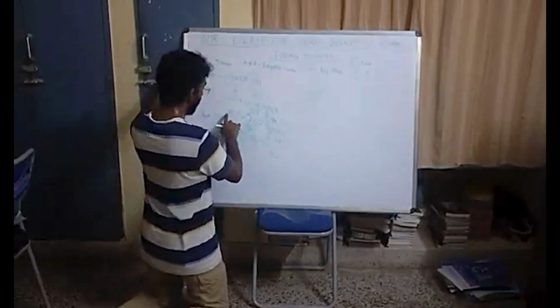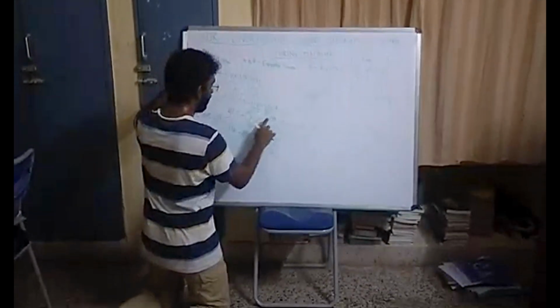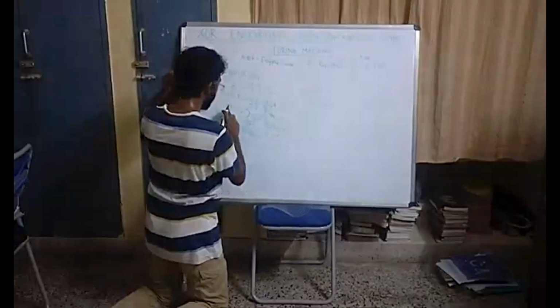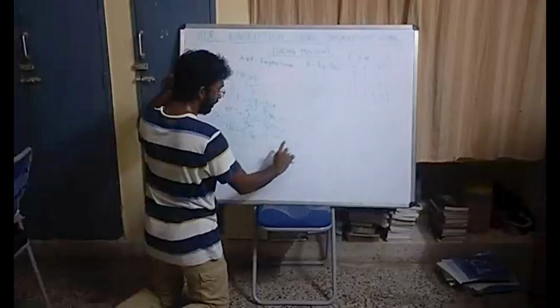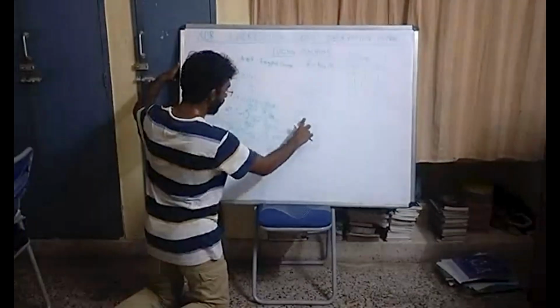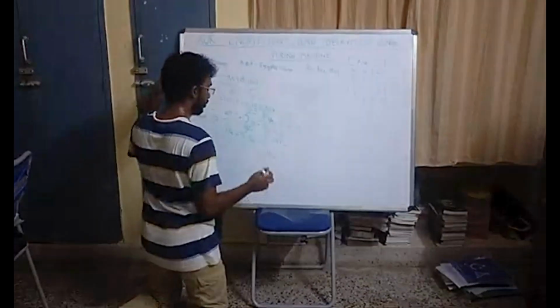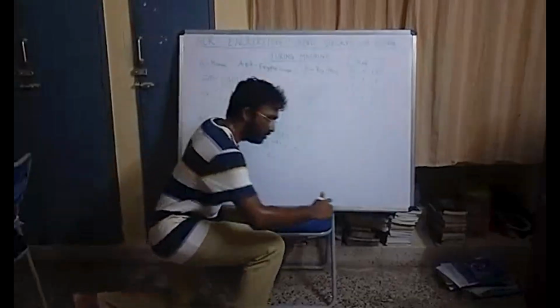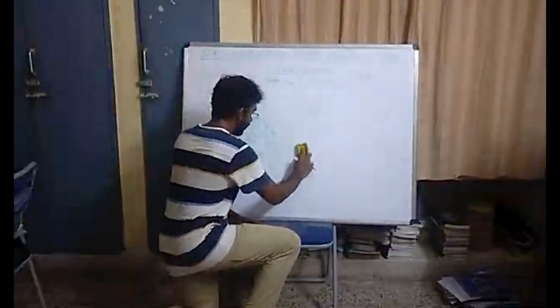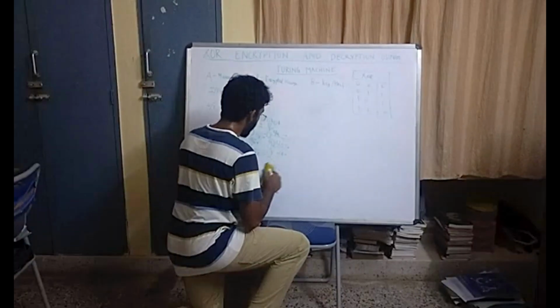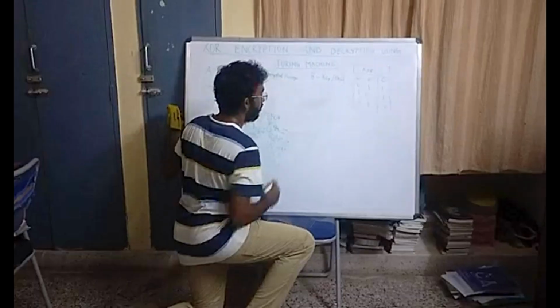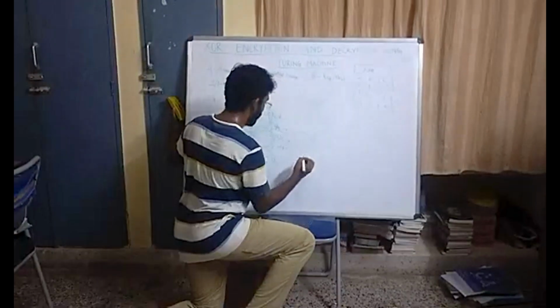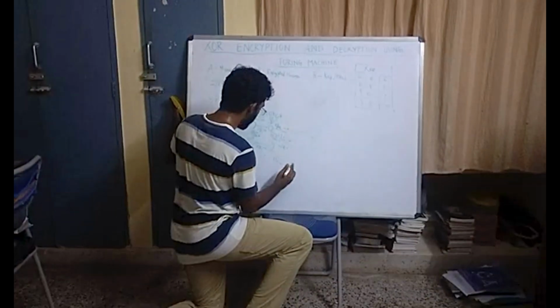As we can see with an XOR table, 0 and 0 gives us 0, 0 and 1 gives us 1, 1 and 0 gives us 1, and 1 and 1 gives us 0. So what we are going to do is replace these 4 states with 2 states. 0 0 gives us 0, and 1 1 gives us 0.